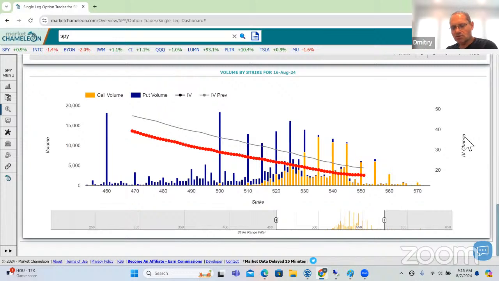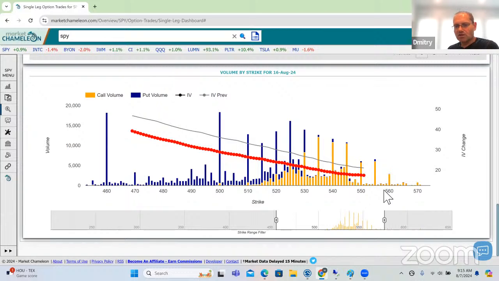Just visually, it's noticeable that as the strikes go lower, to the left, and to the right, the strikes are going higher. As we go lower, it seems that most of the trading is in the puts. There's a lot of volume, but it's mostly in the puts.